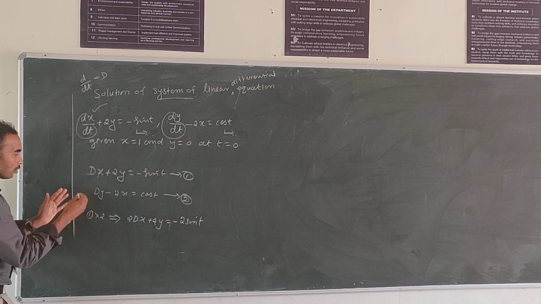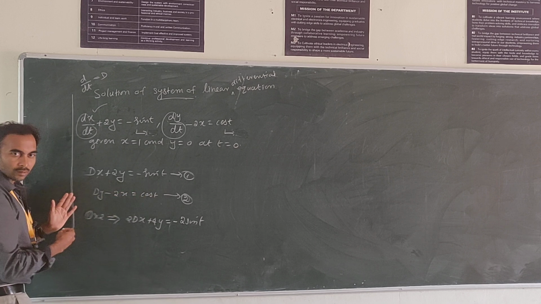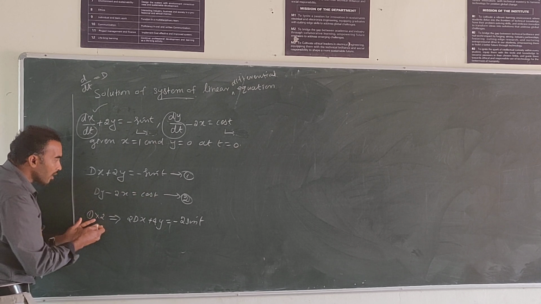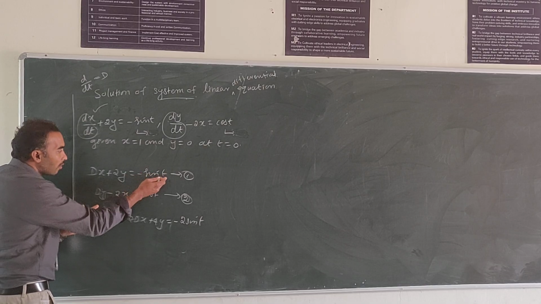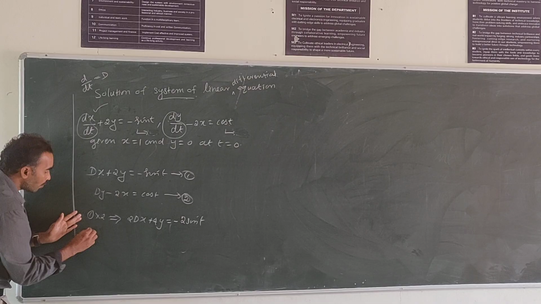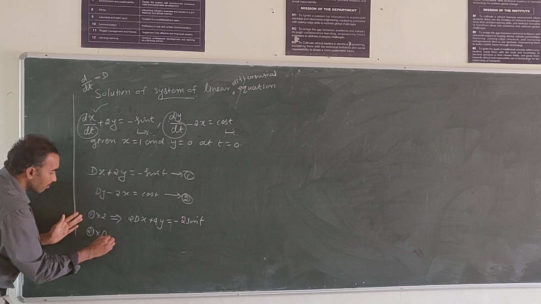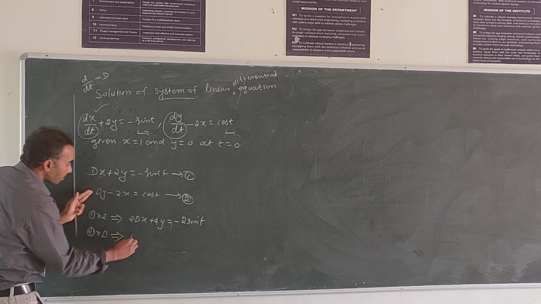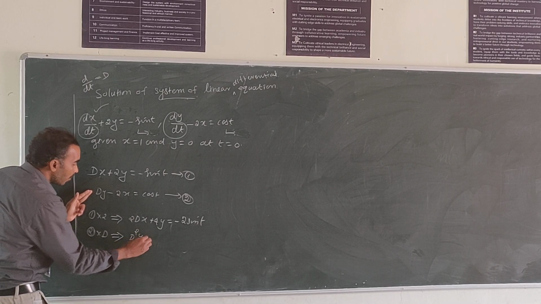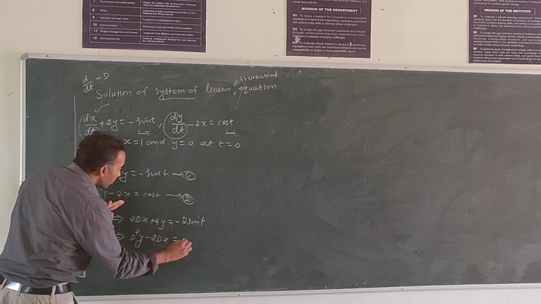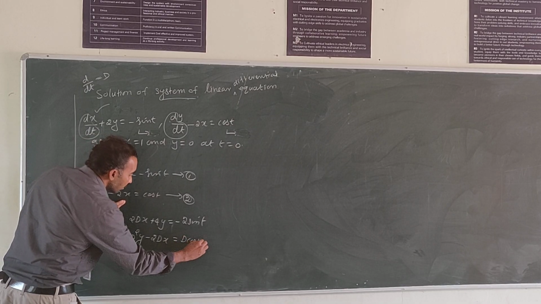So according to that, you have to take the constant or D to multiply any one of the equations. In the second equation multiply by D, so D square y minus 2Dx equal to D cos t.